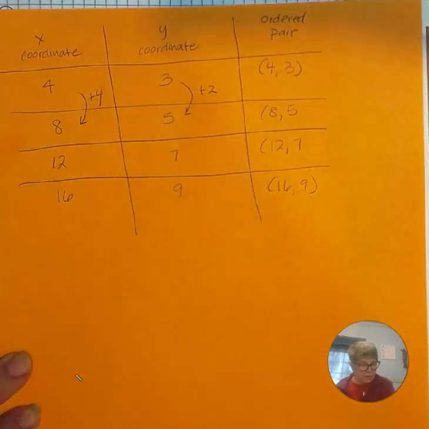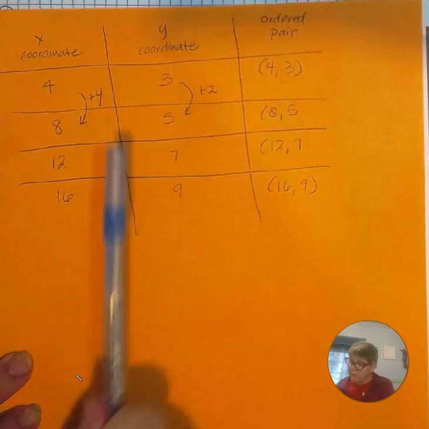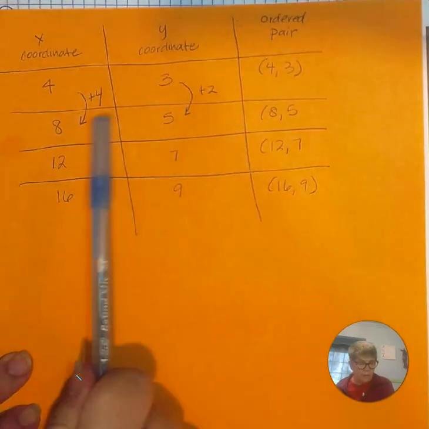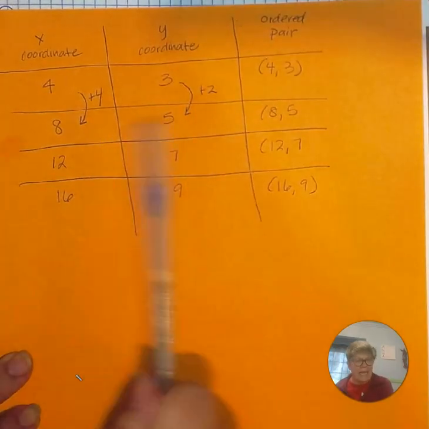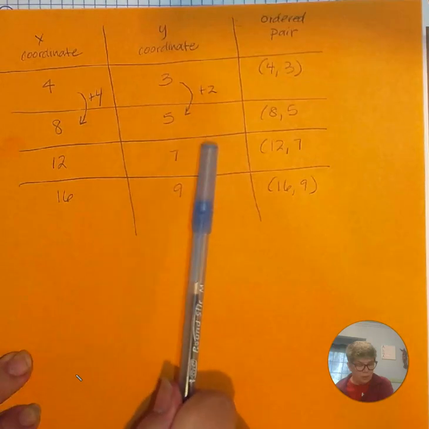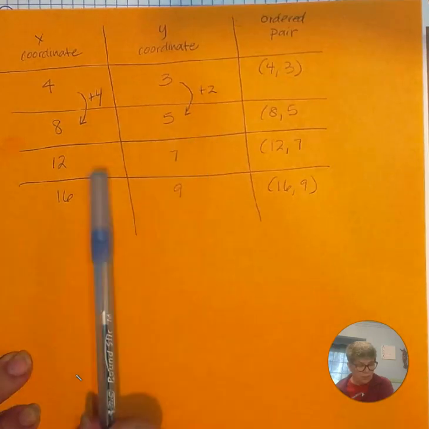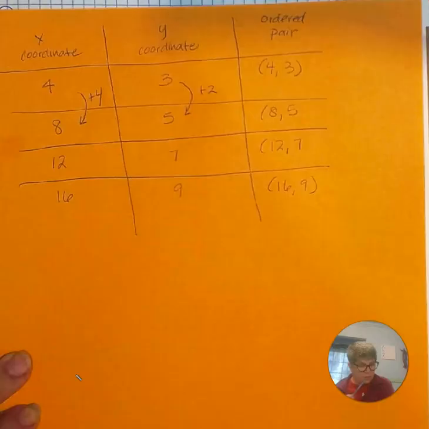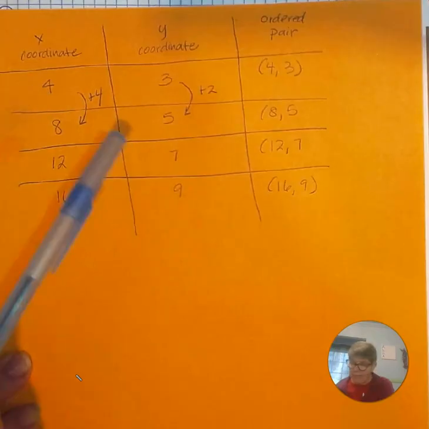Okay, and you can see we already have our ordered pairs there. So now let's think about this one. This is a 2 and this is a 4. So we added half as much to the y coordinate as we added to the x coordinate. How can we determine half of each x coordinate? Divide by 2, right? So half of 4 would be 2. Is the y coordinate 1/2 of the x coordinate?